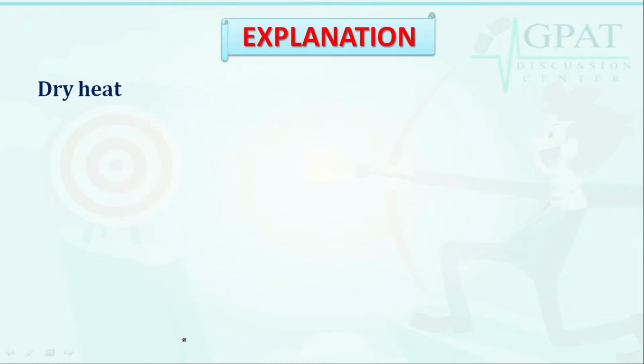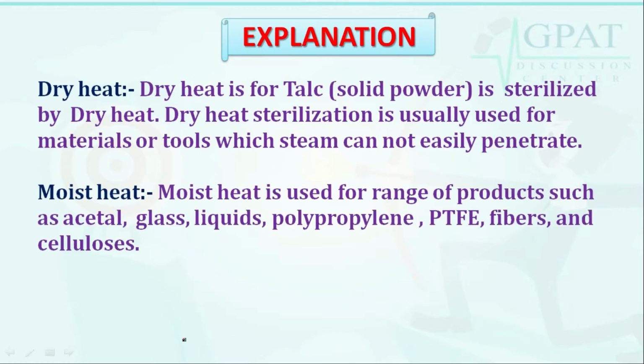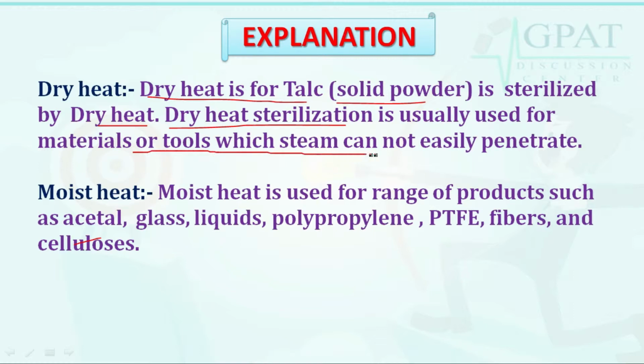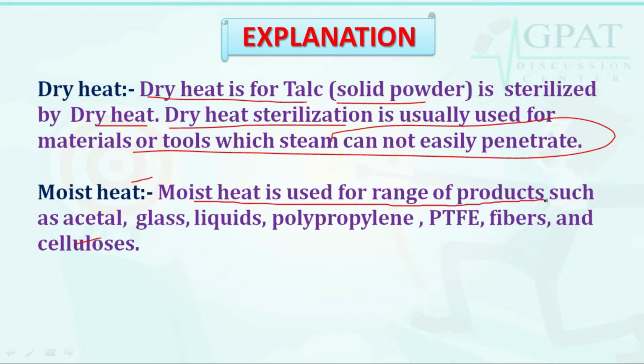So here we have an explanation option-wise: talc, which is a solid powder, is sterilized by dry heat. Dry heat is usually used for materials and tools which steam cannot easily penetrate, whereas moist heat is used for a range of products such as acetal, glass, liquids, polypropylene, PTFE, fibers and celluloses.